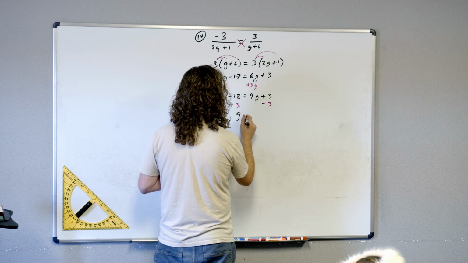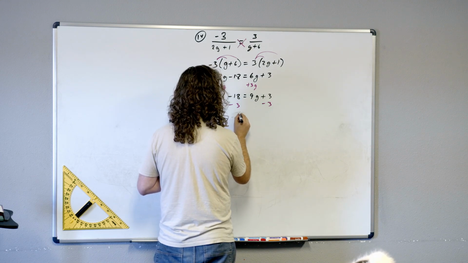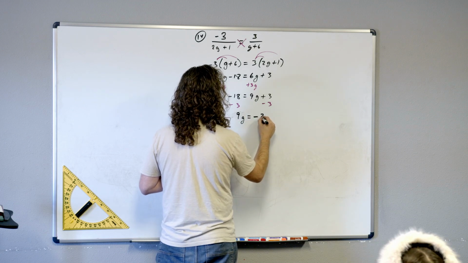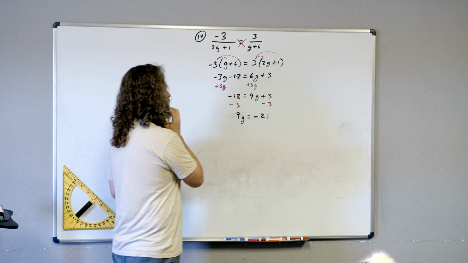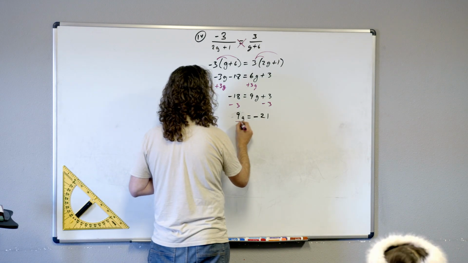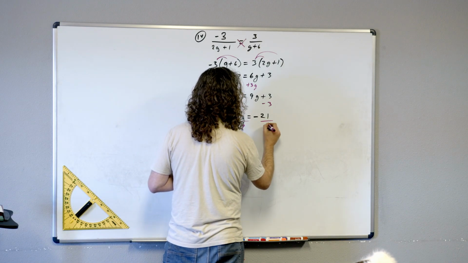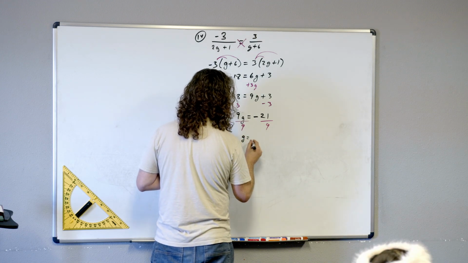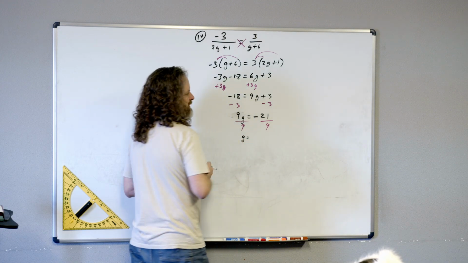So 9g equals negative 21. Now what? Divide by 9. So g equals something. What does it equal?